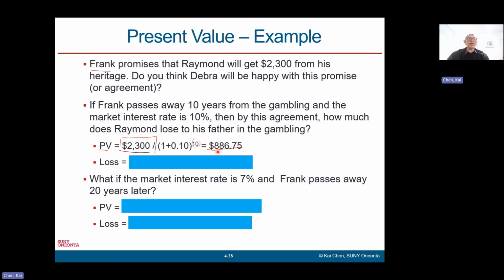So we subtract $886.75 from $2,300, and then we get $1,413.25. That is the net loss Raymond suffered in the gambling.